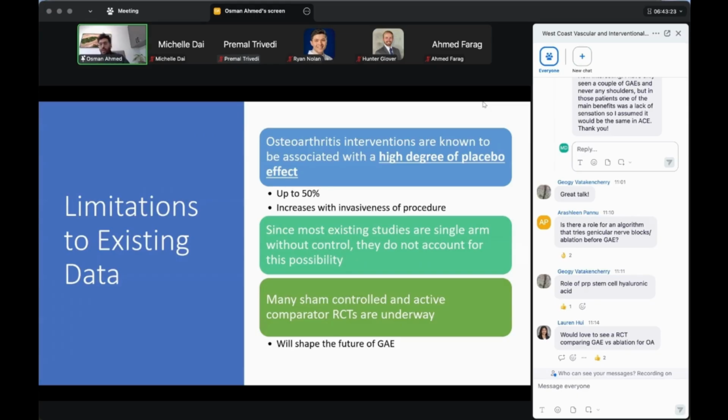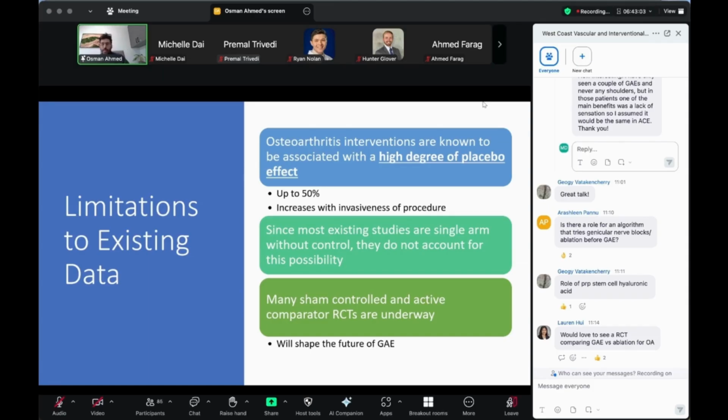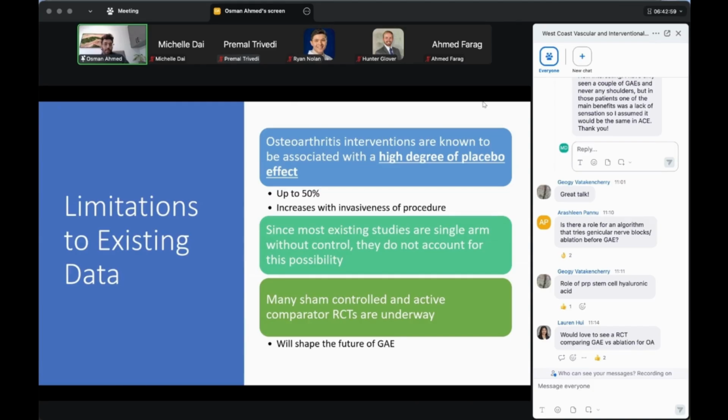Now, with that said, why aren't we offering this routinely? Well, the reality is that we're still in an early phase in terms of the data. It's been shown that all pain interventions related to arthritis have a high degree of placebo effect, which can actually be up to 50%. Because of that, there is a potential risk that what we're doing has a large degree of placebo associated with it.